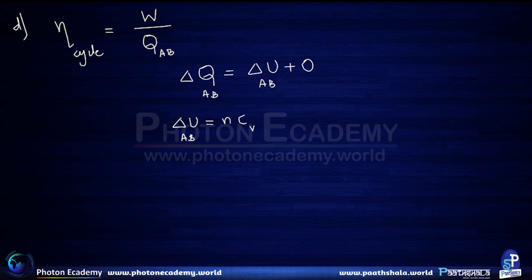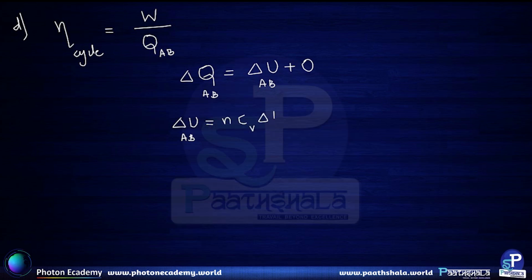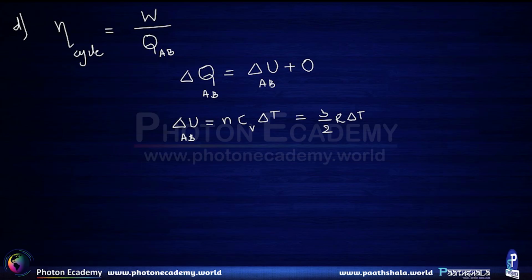nCv delta T, and Cv is given to be 3 by 2 R and n is 1, which is given in the question. So this will be 3 by 2 R delta T. Therefore delta Q from A to B is equal to 3 by 2 R into TB minus TA.